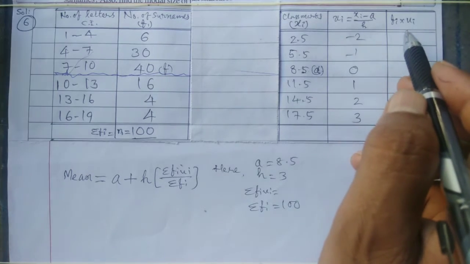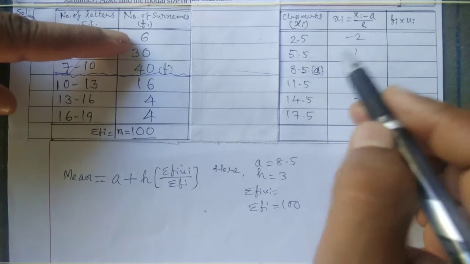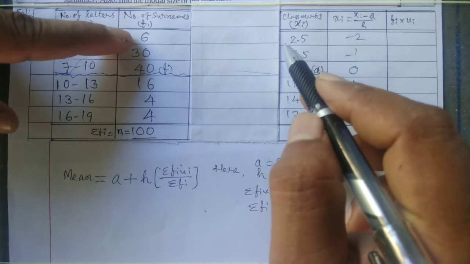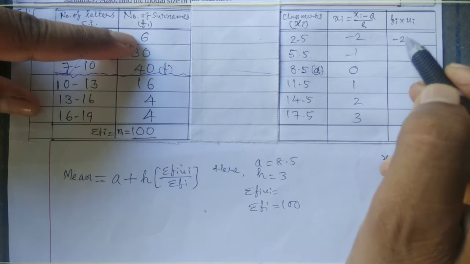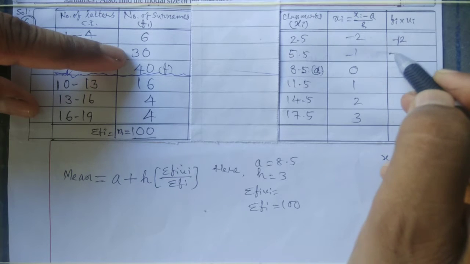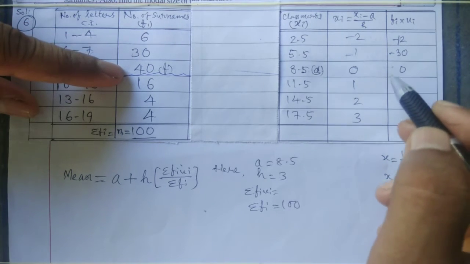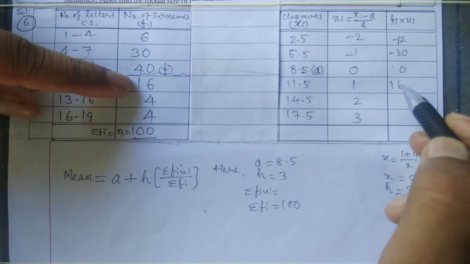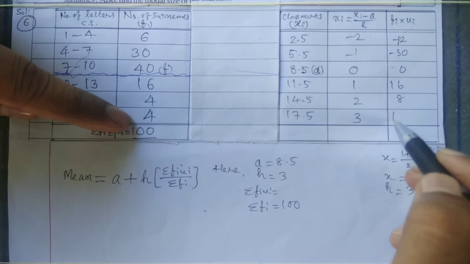Here, sigma Fi Ui. Fi Ui, here is the frequency, here is the Ui. 6 2s are 12, -12; 30 1s are 30, -30; 40 zeros are 0; 16 1s are 16; 4 2s are 8; 4 3s are 12.